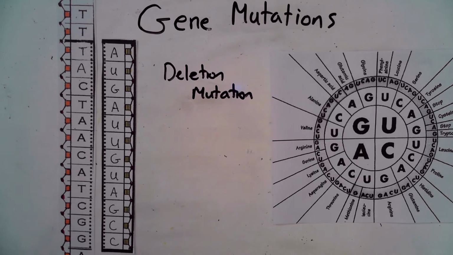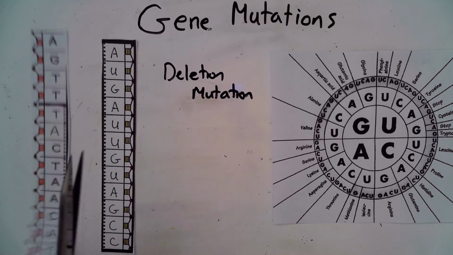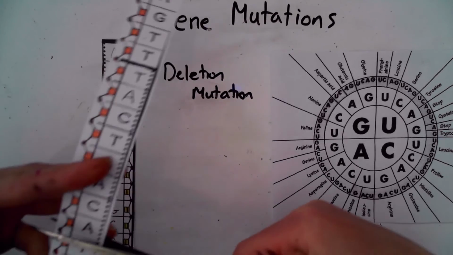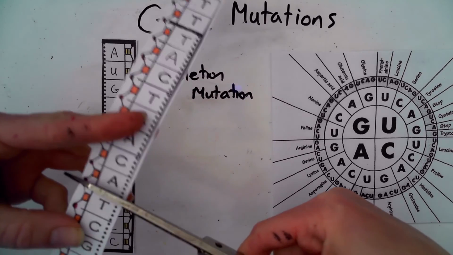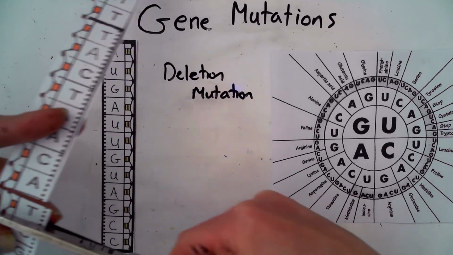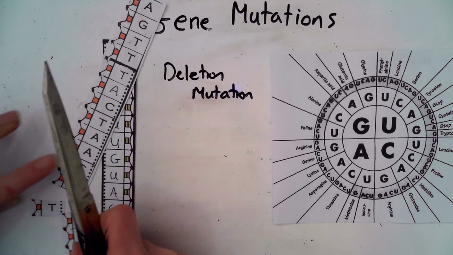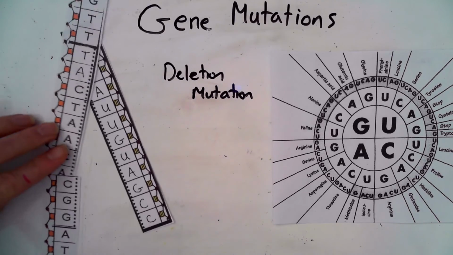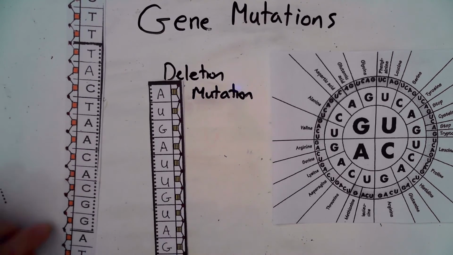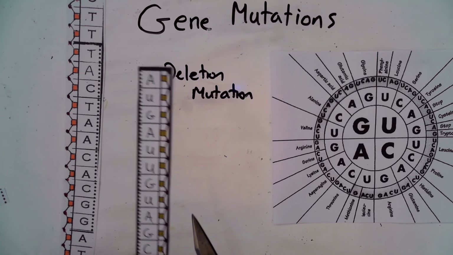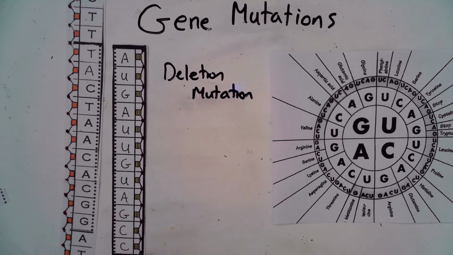Let's now talk about deletion mutations. A deletion mutation is literally if we were to take one segment of the DNA and cut out a nitrogen base. So if this is my new DNA sequence, this original mRNA would not happen.